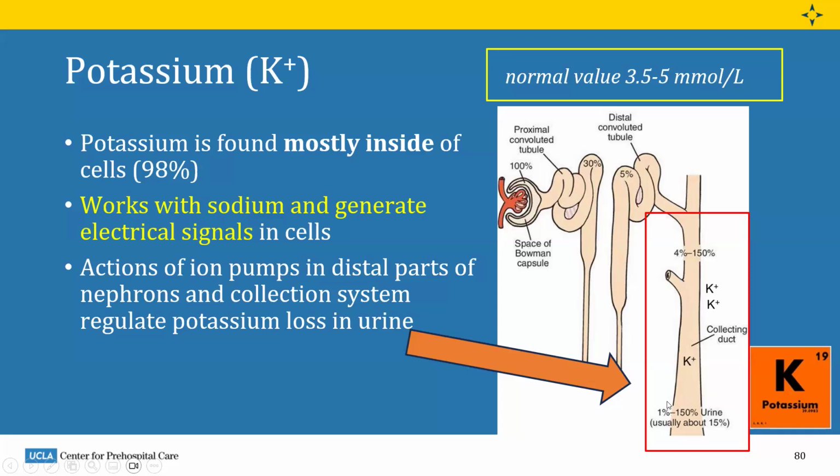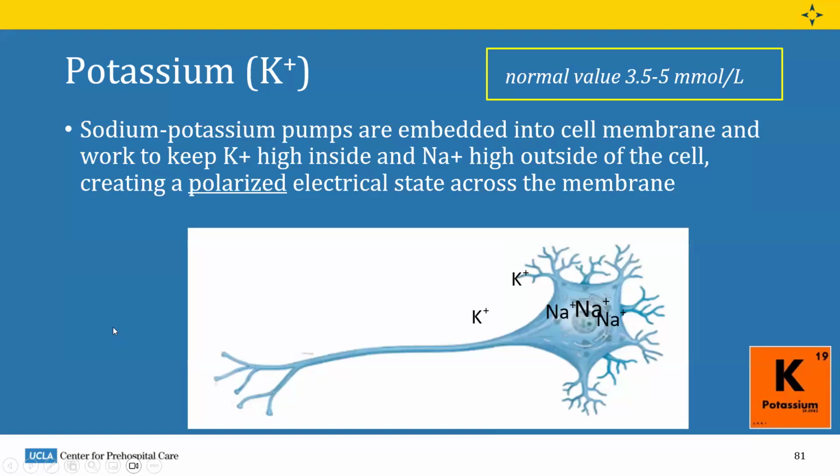The collecting ducts is going to kind of titrate or control how much potassium we reabsorb versus excrete. And I wanted to show you back at this image we saw earlier. Remember the sodium that we pumped out, to create a positive charge? Well, when we do that pump, we also pump potassium in. And this essentially kind of dampens the polarization.